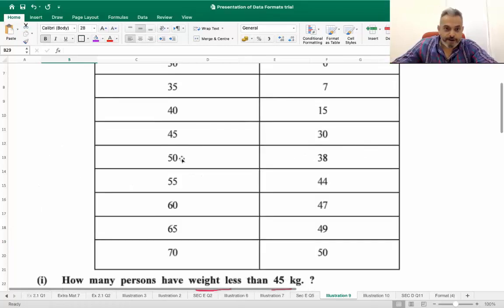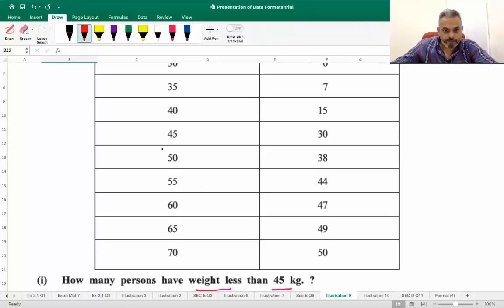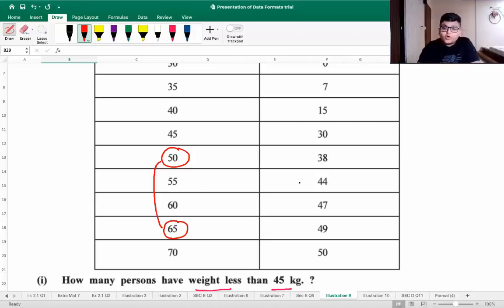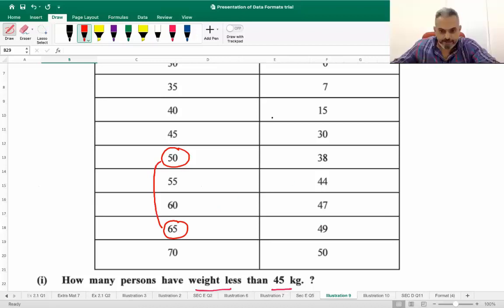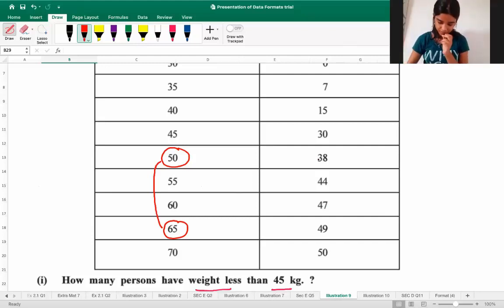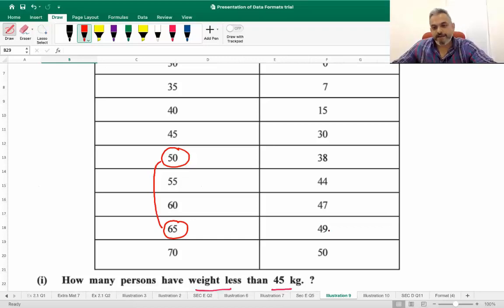Sir, 11. 49 minus 38. Yes, very good. Less than 50, 38. Less than 65, 49. So 49 minus 38.